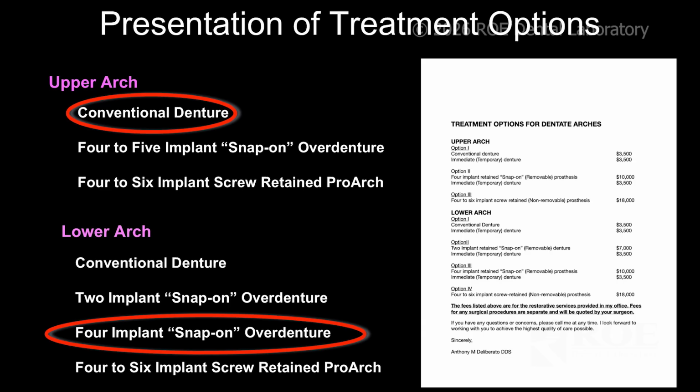And again, this was before locator fixed. Let's see, I'm trying to remember the timeline in this. But this is what I would originally present. He originally accepted a conventional upper denture and a 4-implant snap-on.